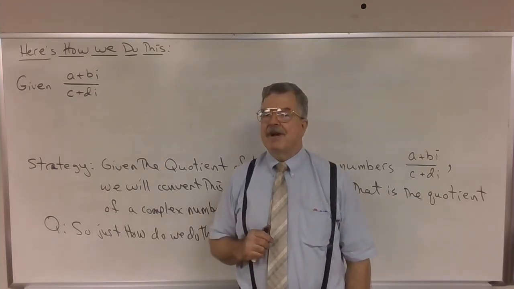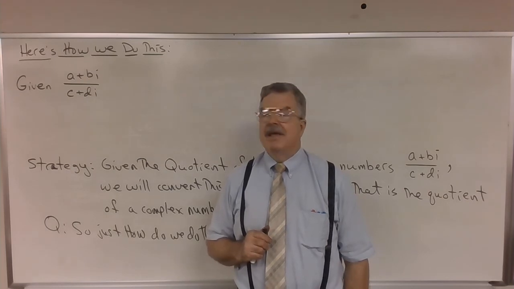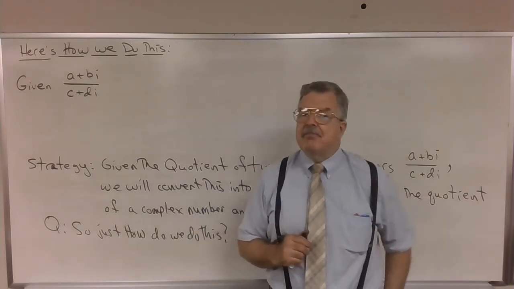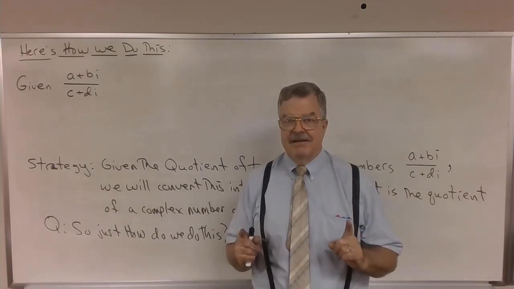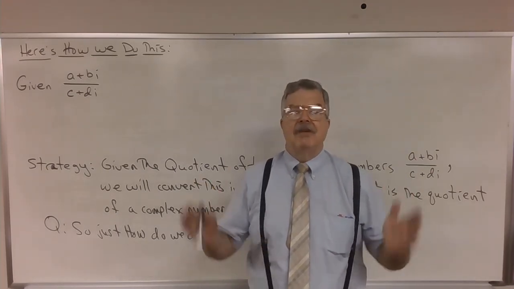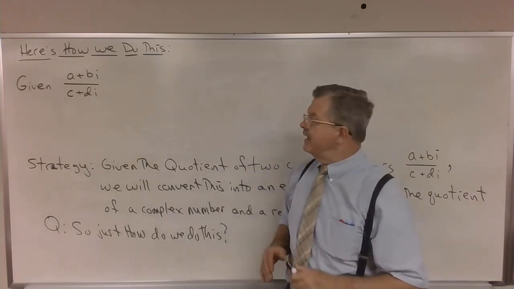Well, remember just a couple of minutes ago we were multiplying a complex number by its conjugate? And we found out that the product of a complex number and its conjugate is a positive real number. So that's all I have to do.